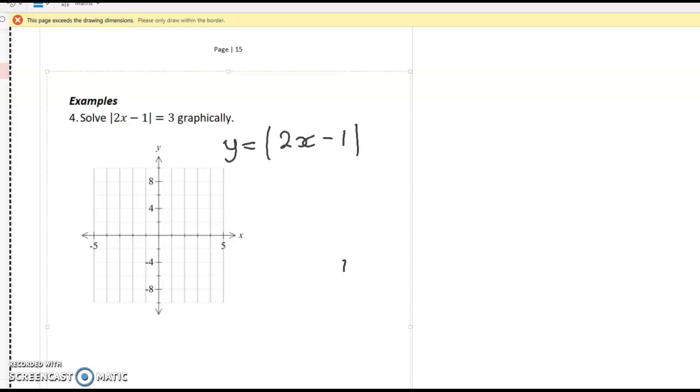Okay, so if that's the case, then what we can do is find that point, and that's going to be at the point y equals 0. So the x-intercept, y equals 0. And if we solve that, then x is going to be a half.